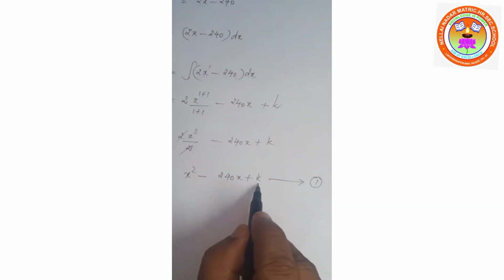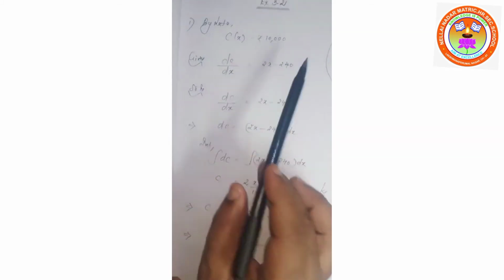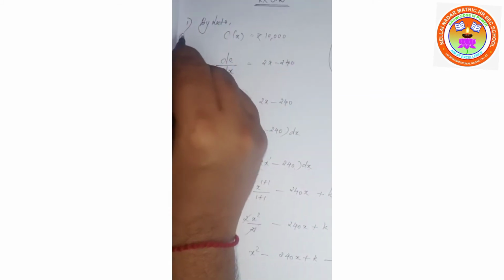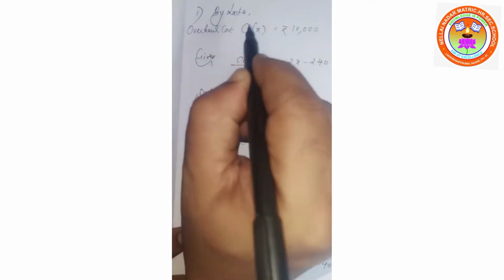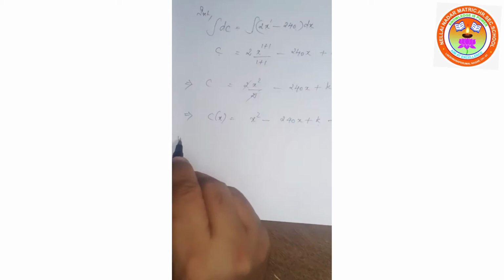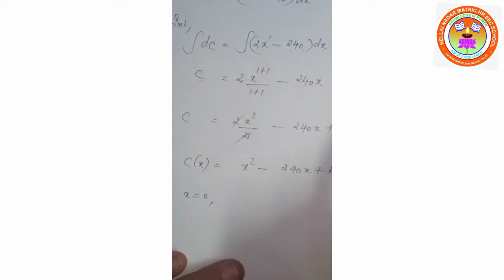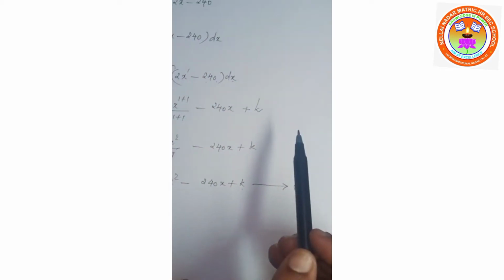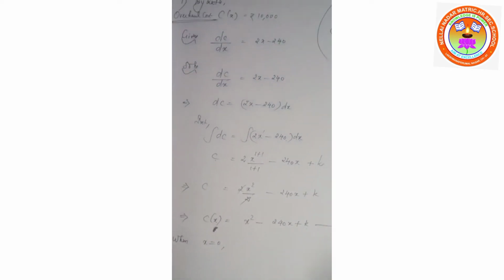How to find the value of k? Here, for overhauling cost, overall cost, when x, that is equal to 0, x refers the distance run by the machine, engine, sorry, not machine, engine here.